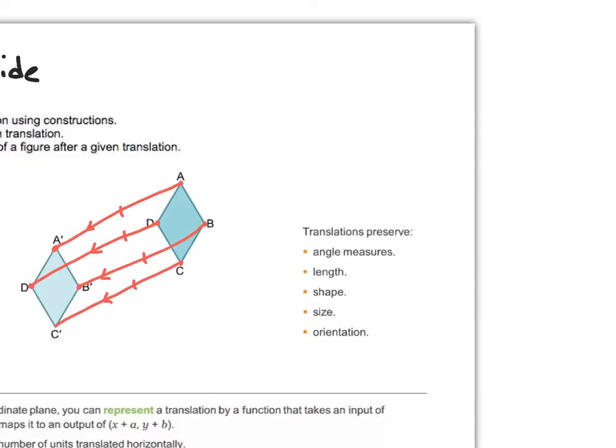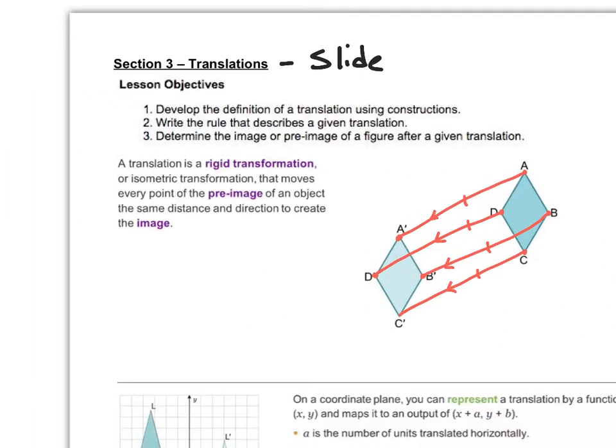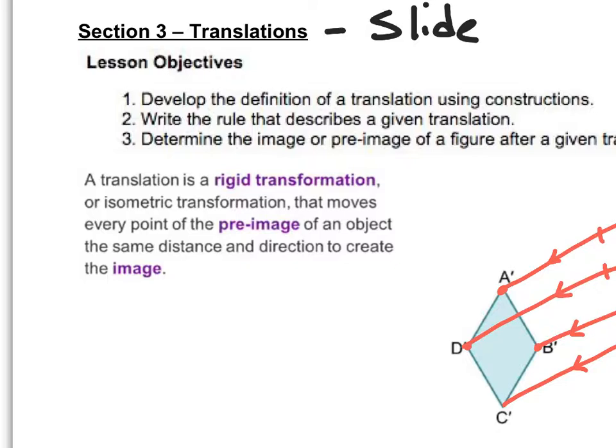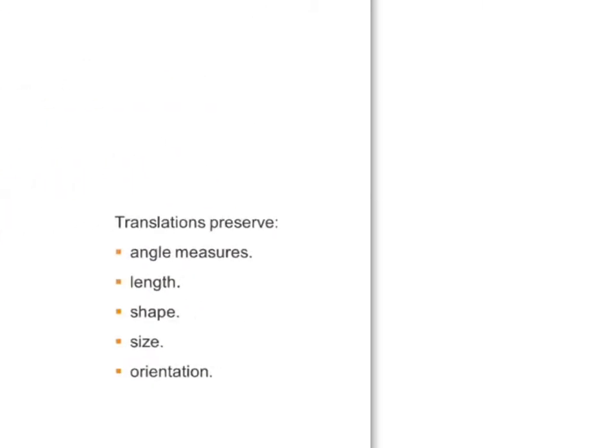The other thing is that a rigid transformation preserves a lot of things. Translations preserve, and preserve means that things stay the same. Things don't change.